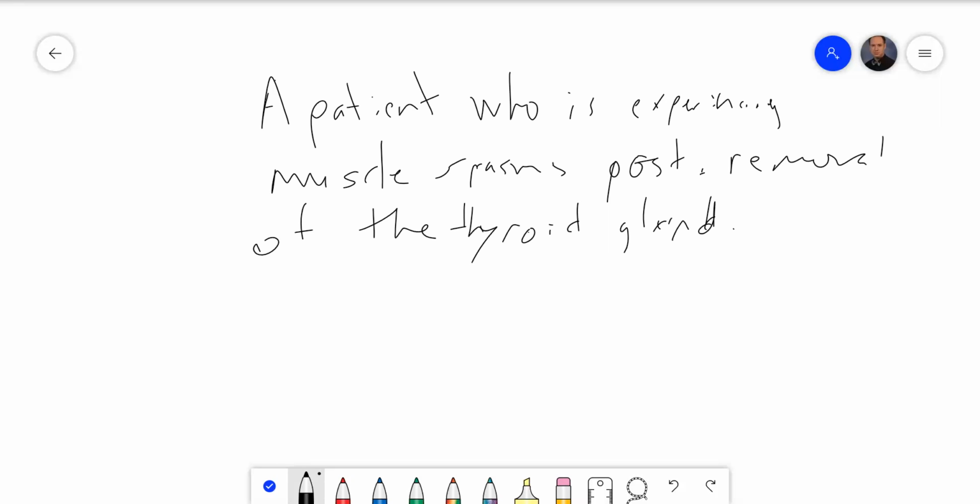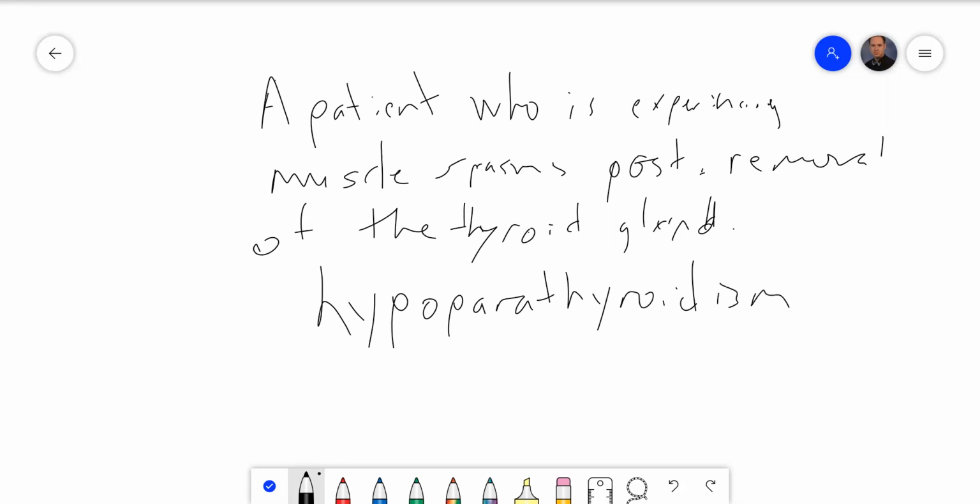Well, the thyroid gland is this gland that's in your throat, and on the back of the thyroid gland, you have between 4 and 8 parathyroid glands. And if the parathyroids are damaged during the surgery, well, then you have hypoparathyroidism. Not enough parathyroid hormone. Now, remember what parathyroid hormone does.